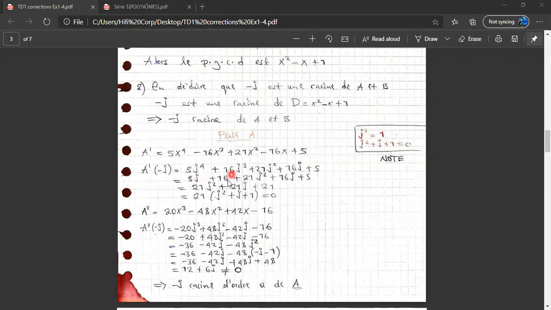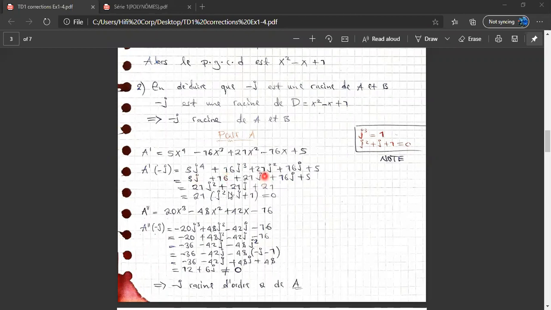This will be 1, so you just drop 16. This you just drop the way it is here. You don't use any identity. Since you go step by step, you drop this here, you drop this here. Like terms together, this plus this will be 21. 5j plus 16j will be 21j, and we've got 21j squared.